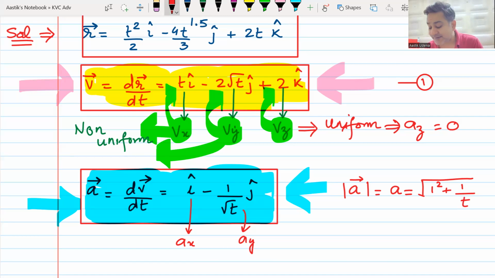Now, talking about acceleration, is this acceleration uniform or non-uniform? Look at the acceleration, look at the blue part. Non-uniform, sir. Look at the components of acceleration, x component and y component. Which component is uniform, which is non-uniform and which is zero?